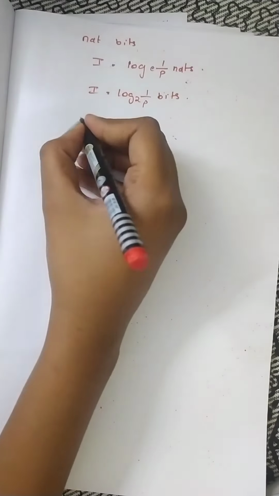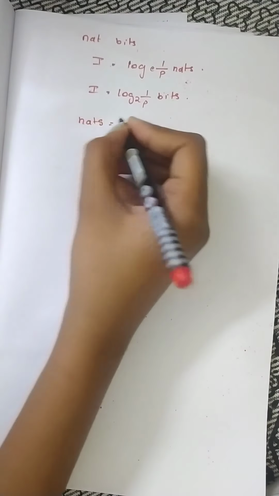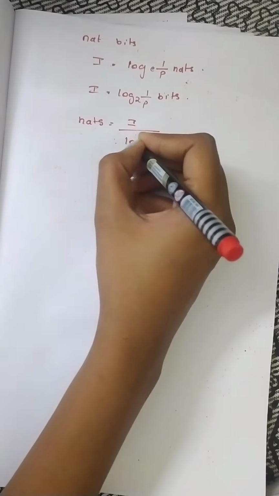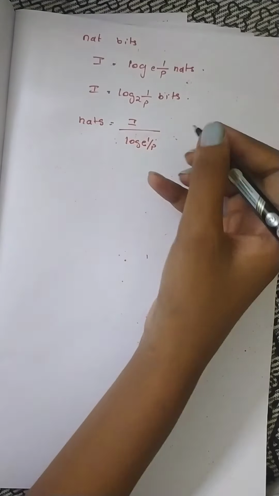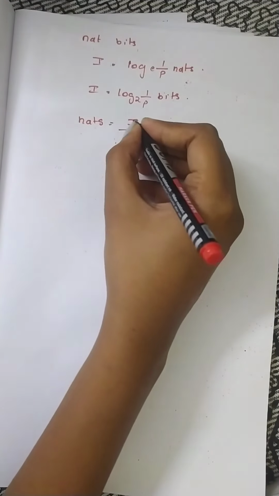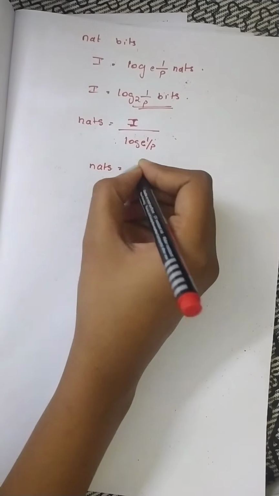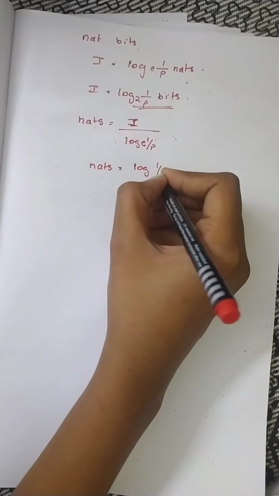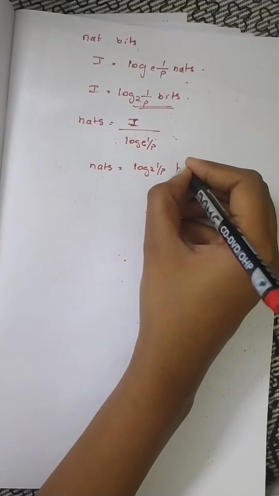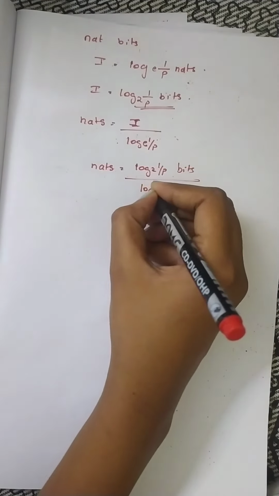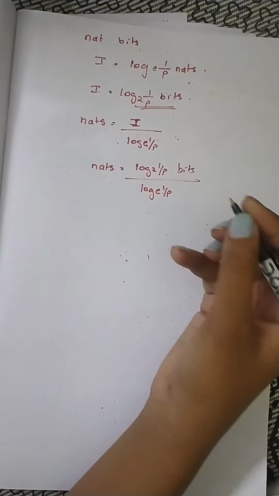So I can take nats to the left hand side, which is I divided by log 1 by P to the base e. Again I can substitute I with this equation, so nats is equal to log 1 by P to the base 2 bits divided by log 1 by P to the base e.